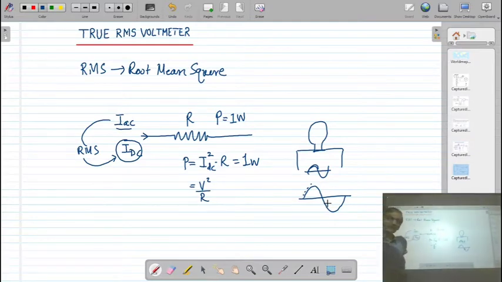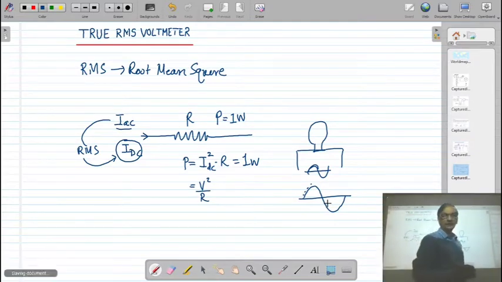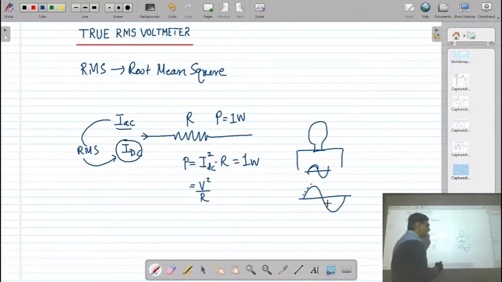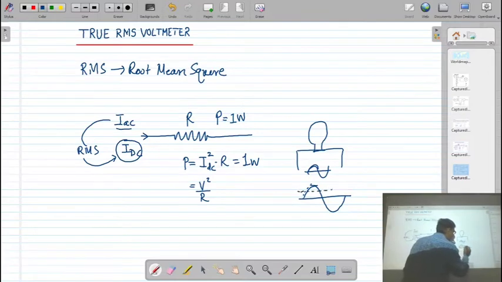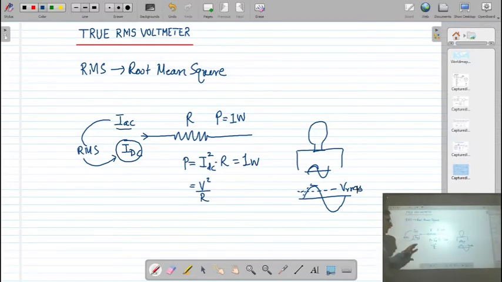But we find the intensity remains constant, which means the power dissipated in the bulb is not according to the peak value of the AC signal, or the average value of the AC signal. That power is dissipated in the bulb according to some other value, and that is known as the RMS value. Correct? So the RMS value has to do with the power dissipation.